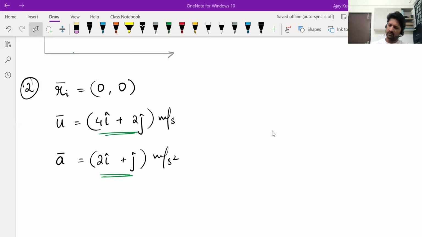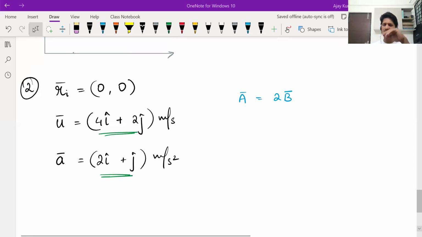Now generally tell me, if a vector is 2 times of another vector, is there any relation between their direction? If one vector is exactly twice another vector, is there a relation between their directions? Or could they be in any direction and still be written A is equal to 2 times B?